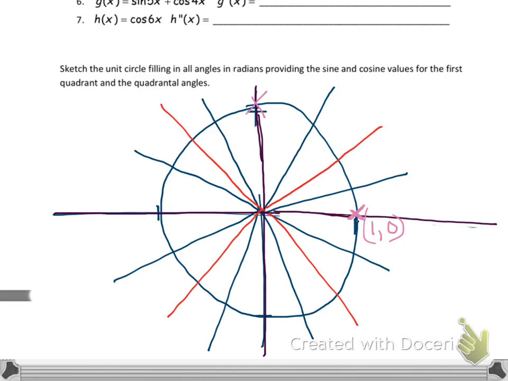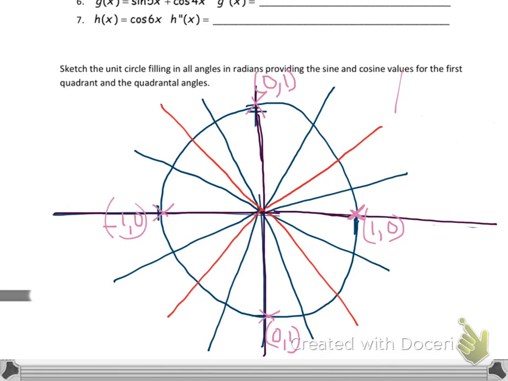If I use dots, things go crazy. So this is 0, 1. There's another one here, and that's going to be -1, 0, and then another one down here, and that's going to be 0, -1. So those are your quadrantal angle coordinates.